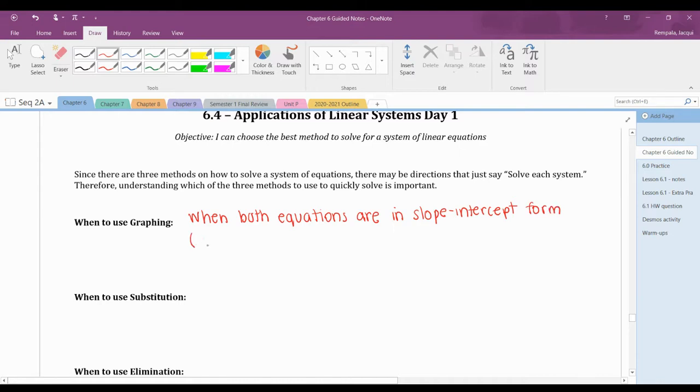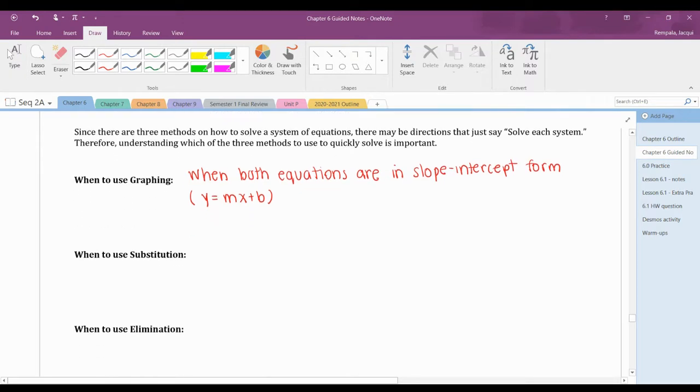Remember, slope-intercept form is when it says y equals mx plus b, where m is our slope and b is our y-intercept. If we don't see both equations already solved for y, graphing is probably not the method you want. But if both of them do say y equals, graphing is going to be the best method.